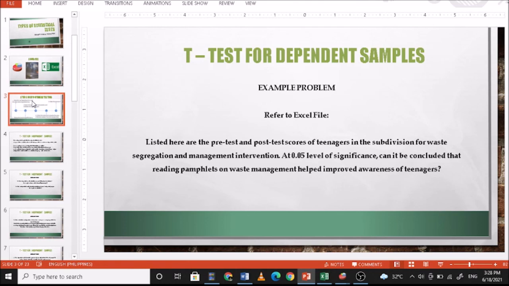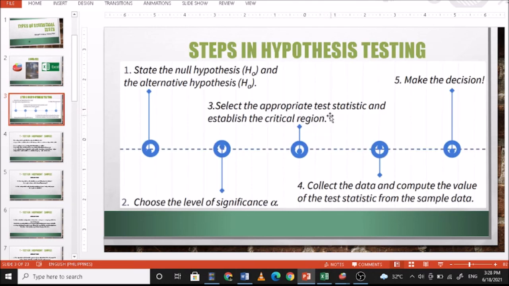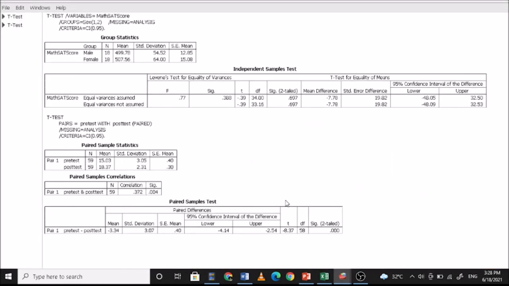And 3, the appropriate test statistic is the paired t-test for dependent samples. Then you compute your data and make the decision. Our computation showed 0.000, which is less than 0.05. So there is a significant difference, and you reject the null hypothesis.